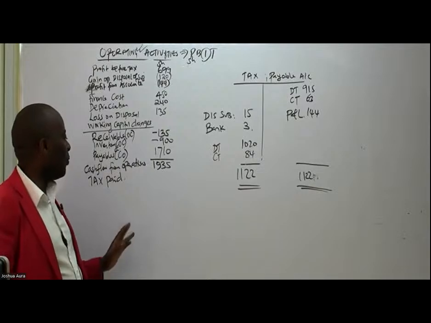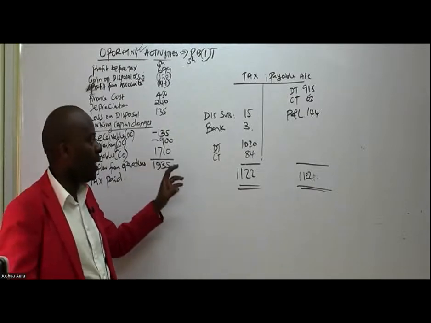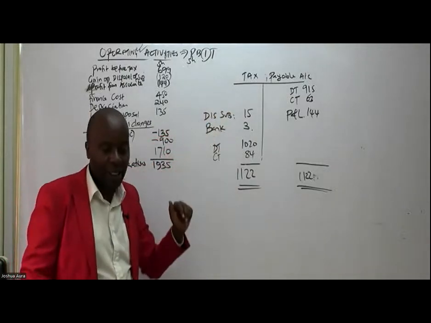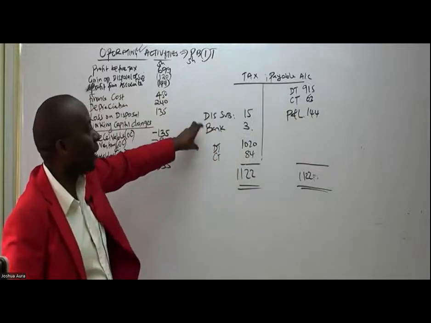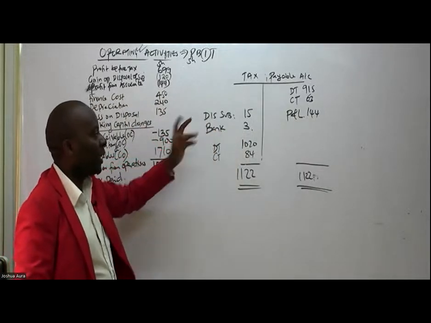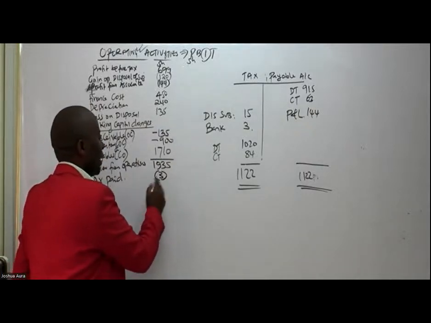Now from there, I would want a working for the tax paid. We have done our arithmetic and realized that we paid the tax over how much to the bank. Remember, in cash flow we're only taking things touching on the bank and cash. So bank 3. Less tax paid, which is 3, a cash outflow.